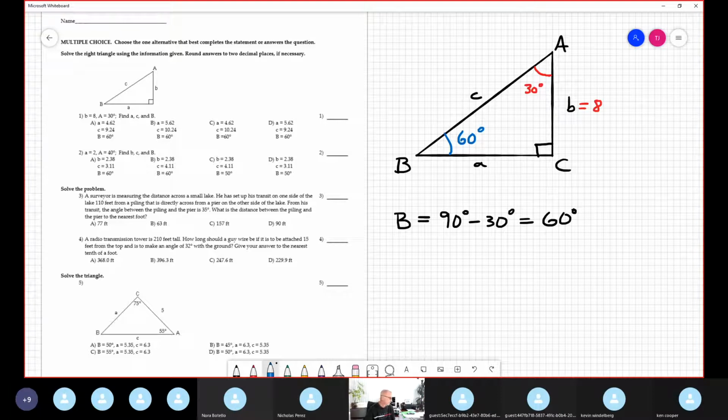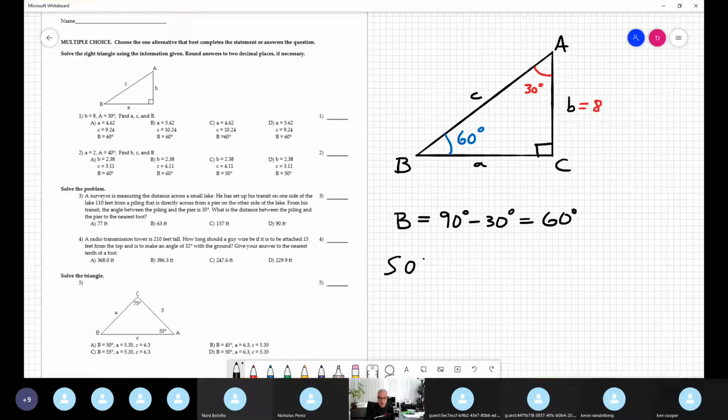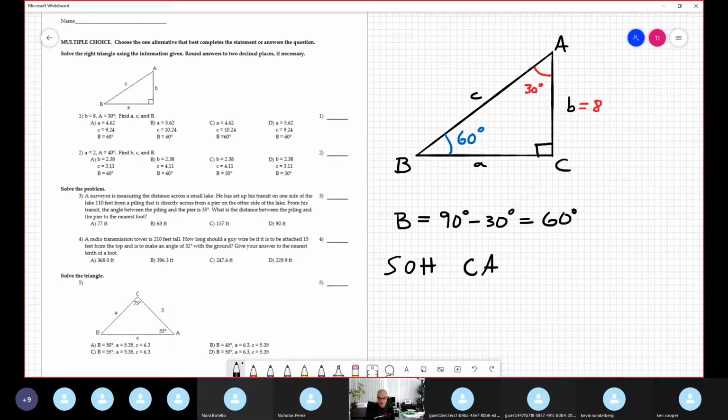Now I need to find, for example, the hypotenuse. I have the opposite side, B. Under the consideration that the angle is 30, the opposite is A, no? It depends on the position. And B is given. Now I'm using maybe cosine. Sine is opposite over hypotenuse. Cosine is adjacent over hypotenuse.